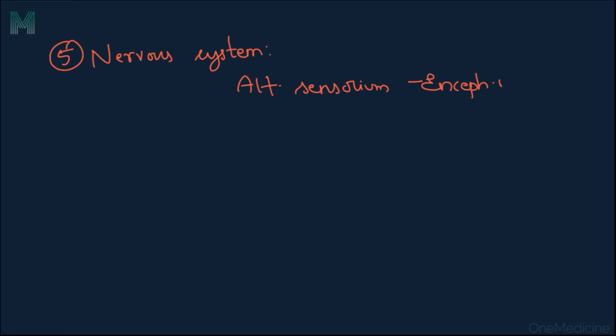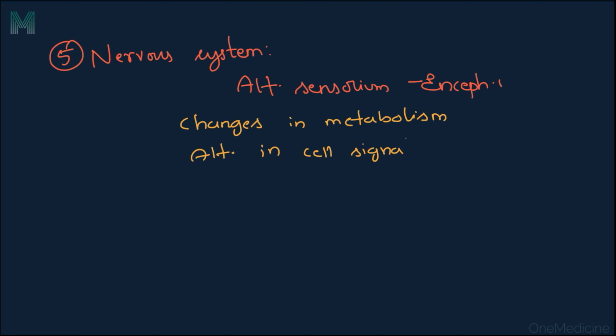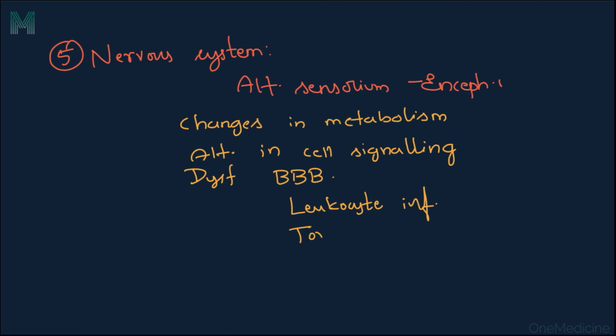CNS dysfunction has been attributed to changes in metabolism and alterations in cell signaling, again due to pro-inflammatory mediators. There is dysfunction of the blood-brain barrier, which probably contributes to increased leukocyte infiltration and also exposes the brain to toxic mediators, and they also actively transport the cytokines across the barrier.